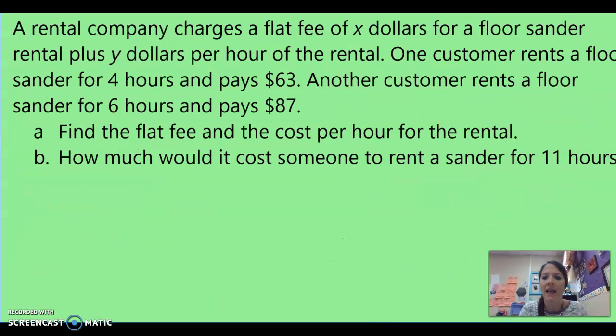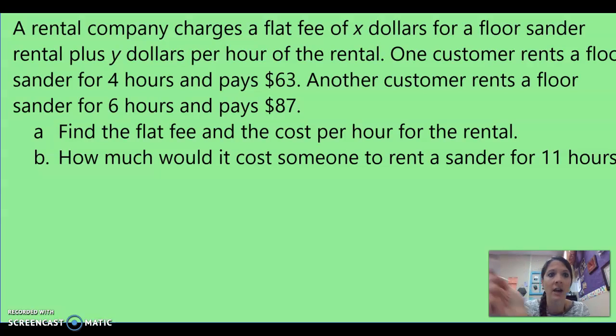All right, last I have is my story problem. A rental company charges a flat fee of x dollars for a floor sander plus y dollars per hour of rental. One customer rents a floor sander for 4 hours and pays $63. Another customer rents a floor sander for 6 hours and pays $87.